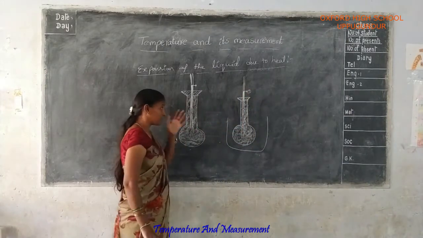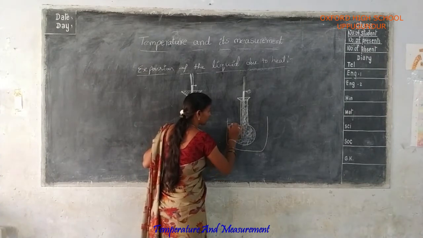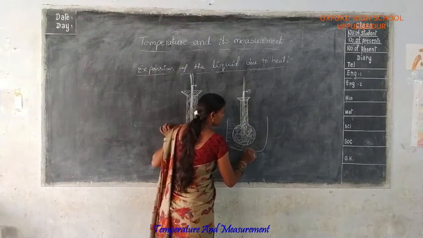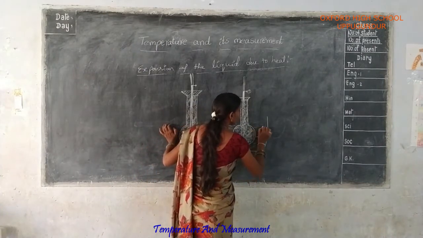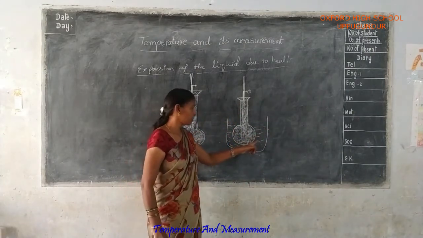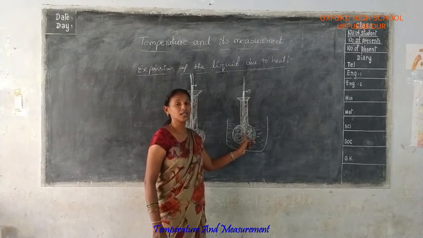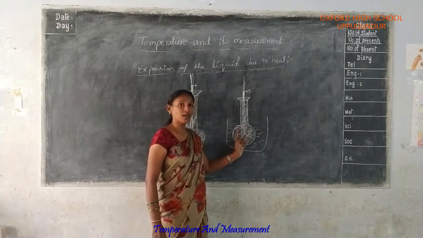Okay, next you keep the flask in hot water. So automatically heat flows from one system to another. Yes or no? So this is the hot water, and the flask absorbs heat.